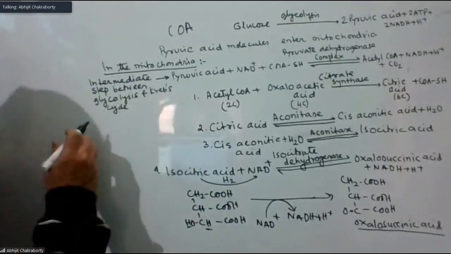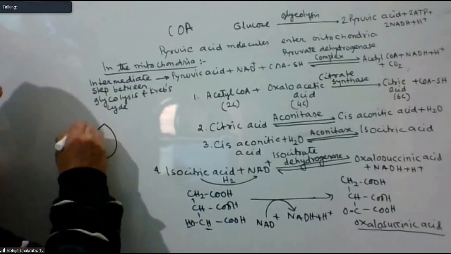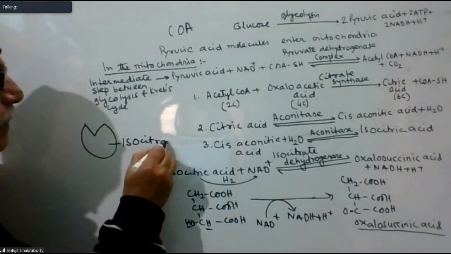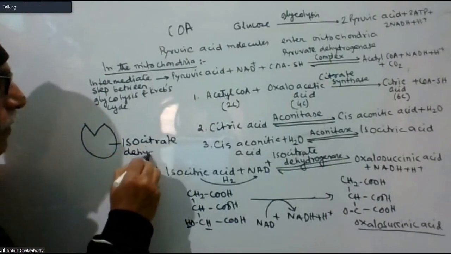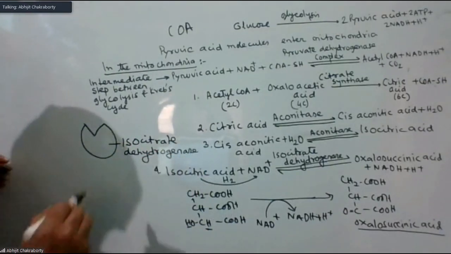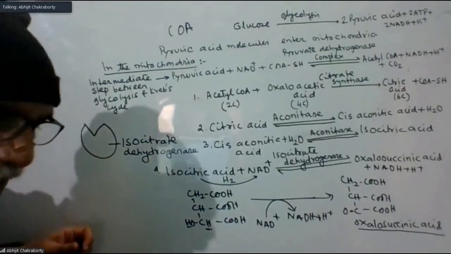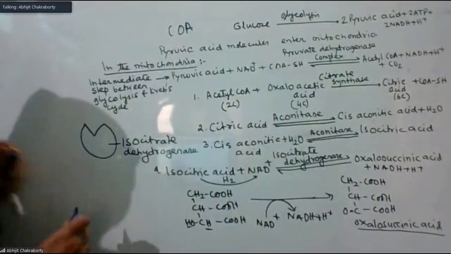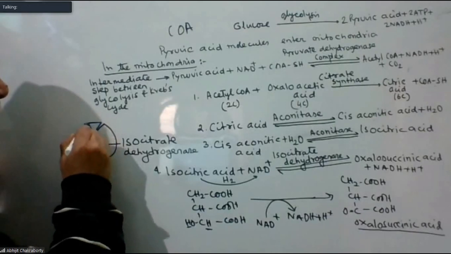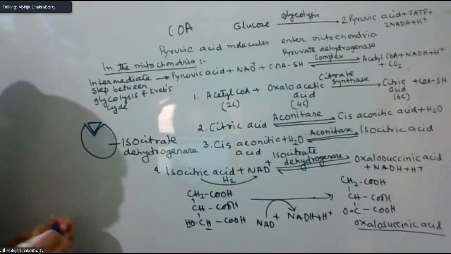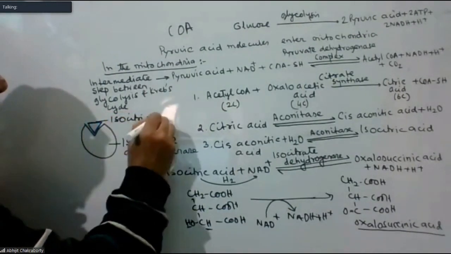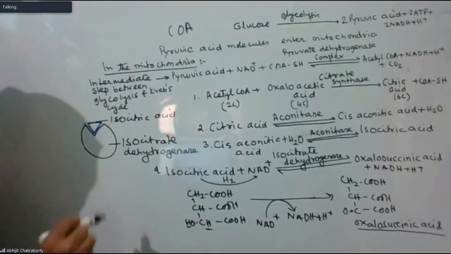Suppose you see, this is the isocitrate dehydrogenase. Now, this is the active site. So this is the enzyme, and the substrate is isocitric acid. The isocitric acid binds to the active site. What happens next?